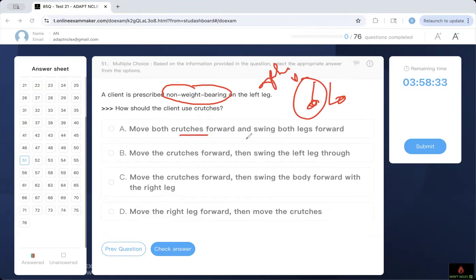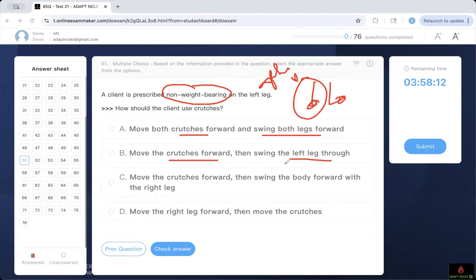Move both crutches forward and swing the left leg forward. Move the crutches forward, then swing the left leg through. Move both crutches forward and swing both legs forward.